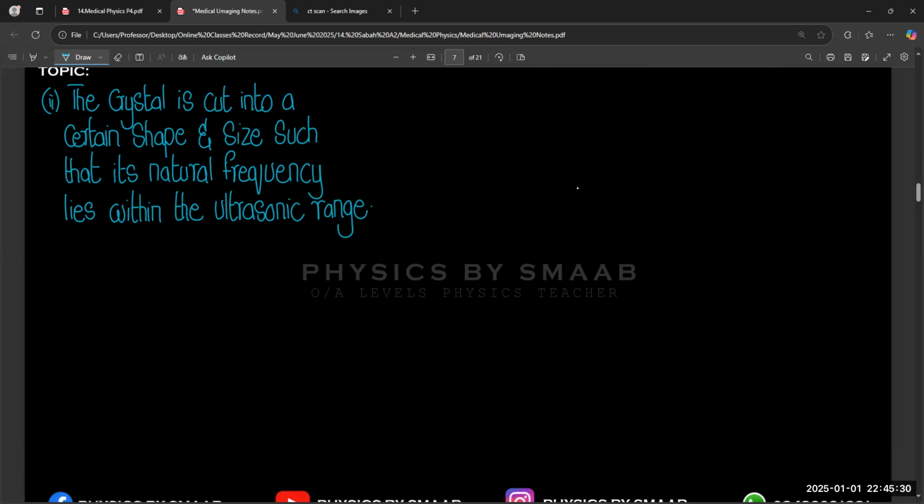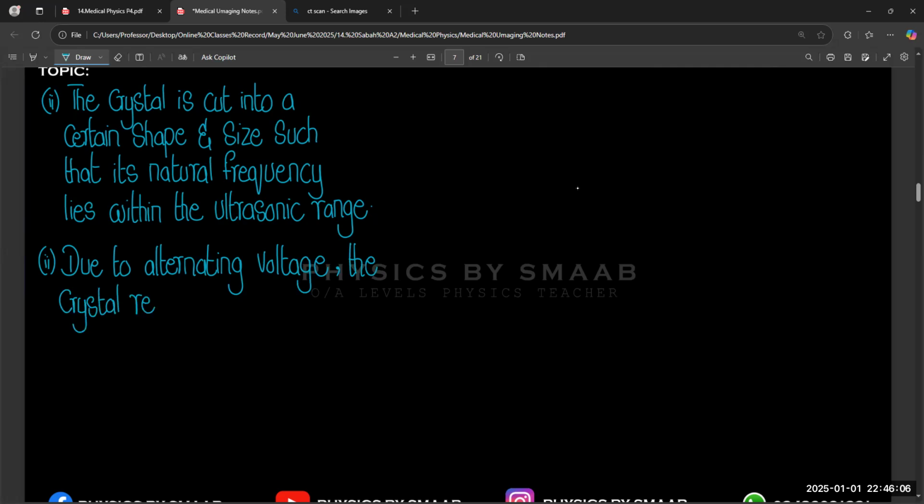Third one, as we already discussed, due to alternating voltage the crystal resonates and produces ultrasound waves.